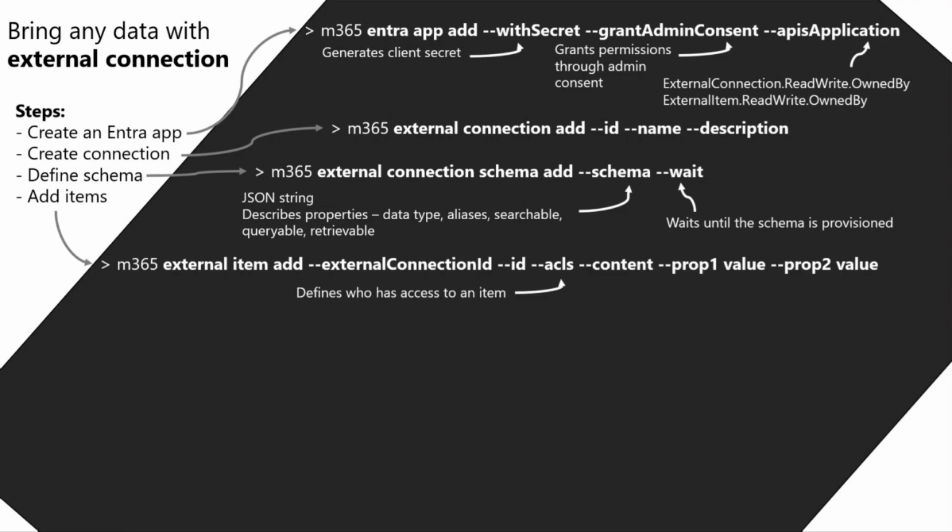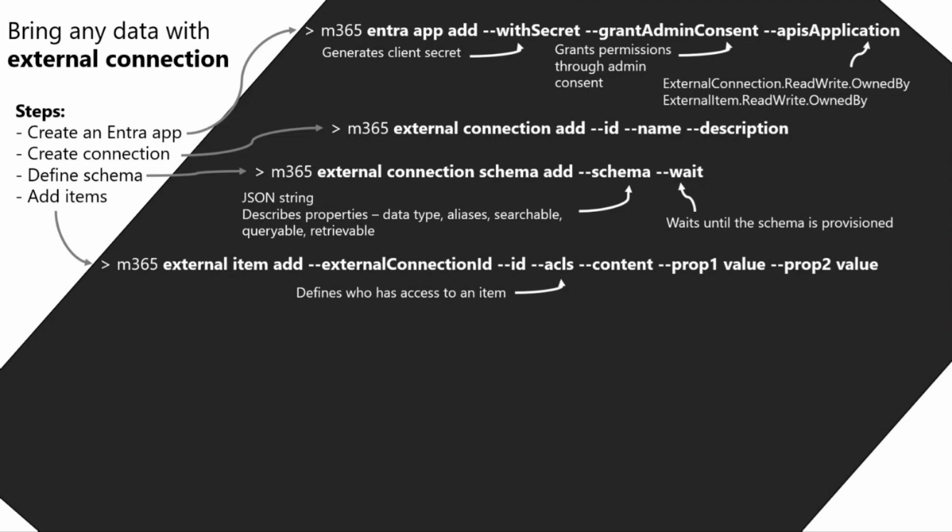And the last step, adding items using the command external item add. Maybe I would like to highlight the option ACLs, access control list, where you set up who has access to an item and can see the item in the search results. The access can be without any limitation or limited to a specific user or specific group.